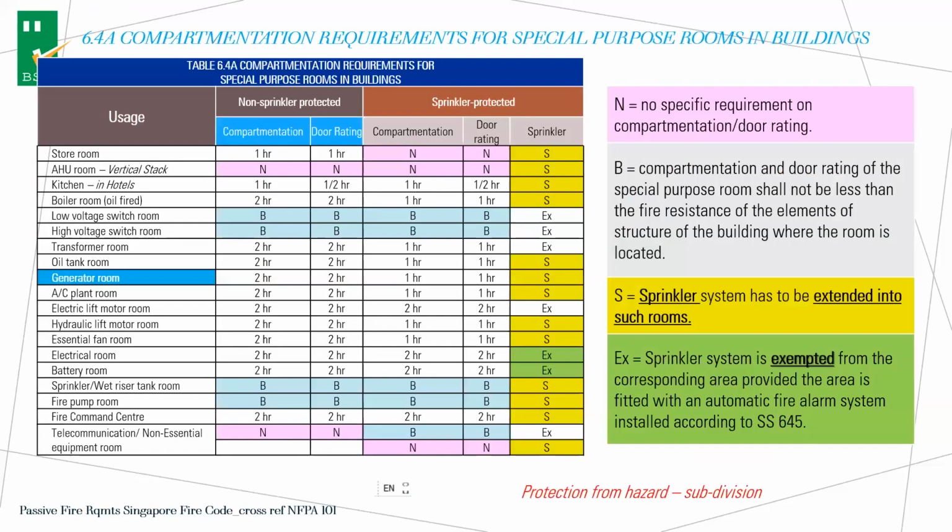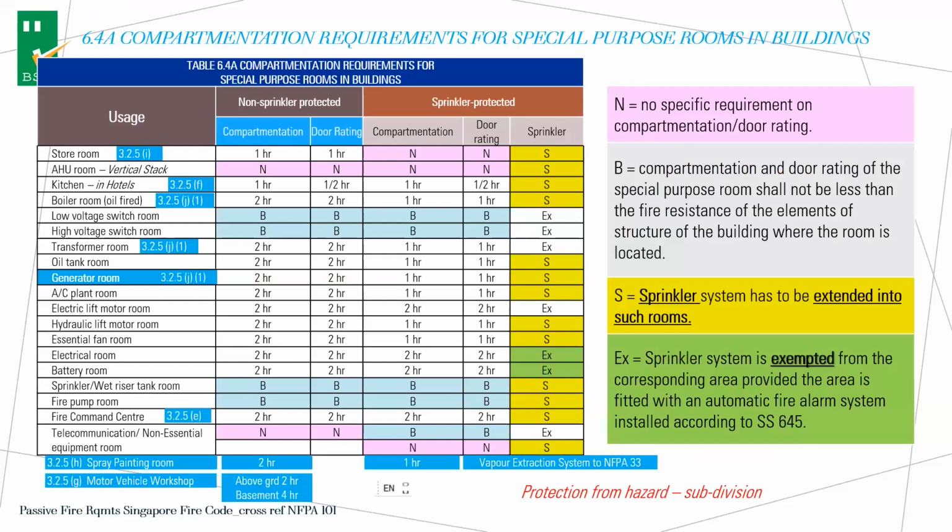And it's very similar to NFPA, because this kind of room, storeroom, AHU, kitchen, generator room, oil tank room, all these are considered higher risk, and there is specification as to how many hours of compartmentation is needed if your building is non-sprinkler or sprinkler protected. So there are different requirements. I'm showing this because our fire code has many clauses that are linked together, so it's a very good reference for us to have this protection from hazard subdivision.